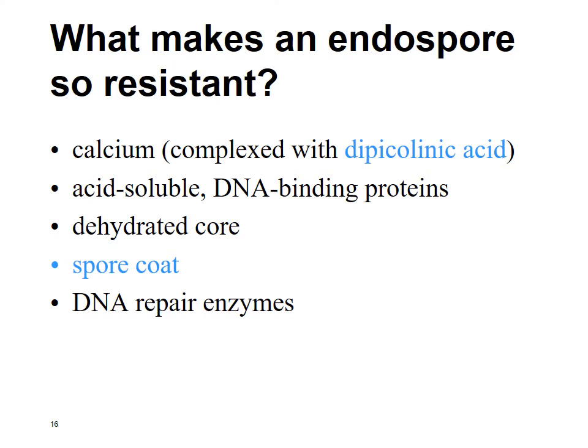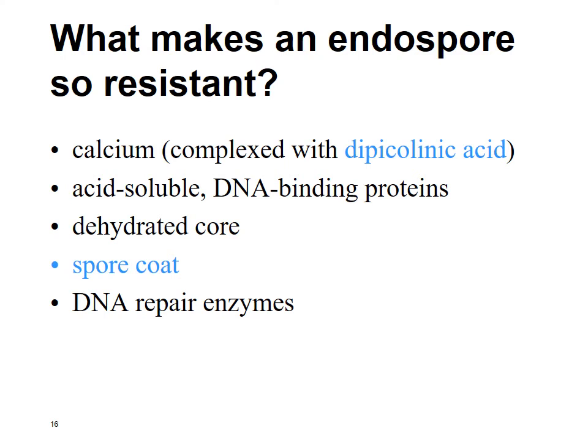It was long thought that this complex was directly involved in heat resistance, but more recently they found that mutants that are still heat resistant lack the dipicolinic acid. So it might be that calcium does aid in resistance to wet heat and oxidizing agents, and it might be that the calcium acid complex stabilizes the spore's nucleic acids.